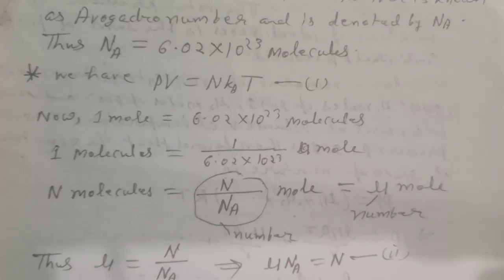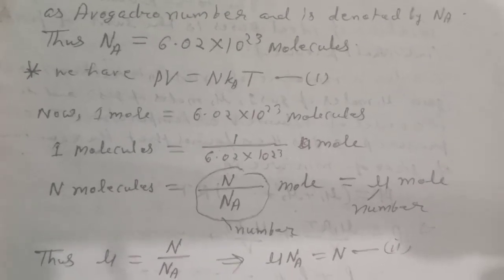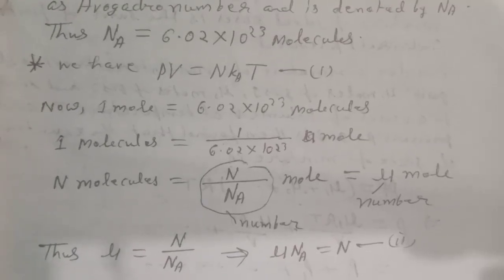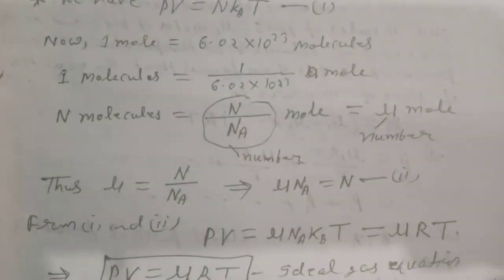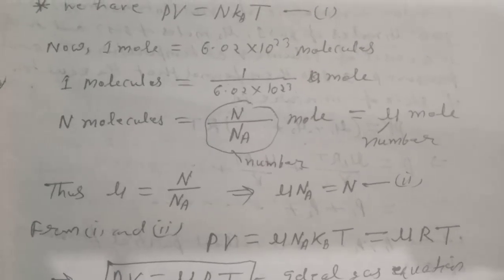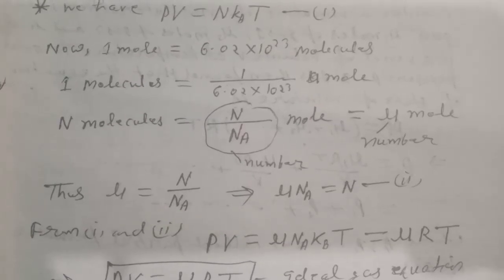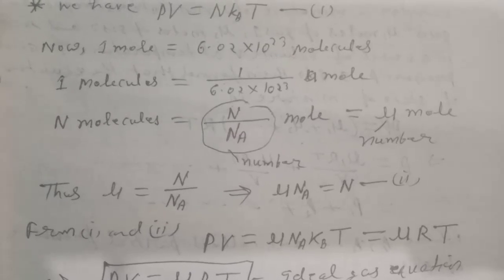The next point, we have PV equals N k_B T. Now 1 mole equals 6.02 x 10^23 molecules. Hence 1 molecule equals 1/(6.02 x 10^23) mole. Hence n molecules equals n/N_A mole, where N_A is the Avogadro number, whose value is 6.02 x 10^23, and n/N_A is represented by mu, which is a number.